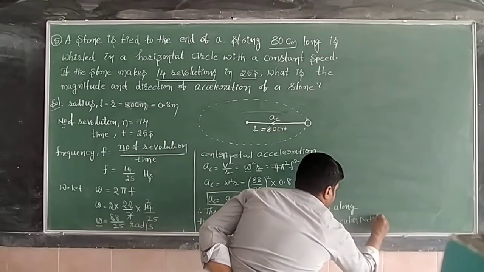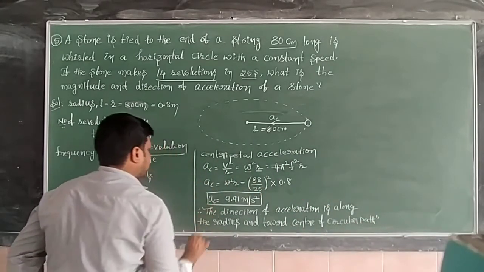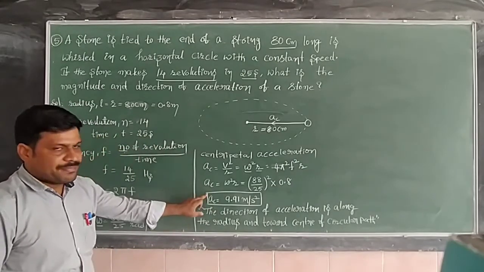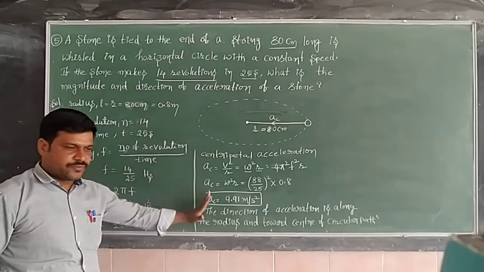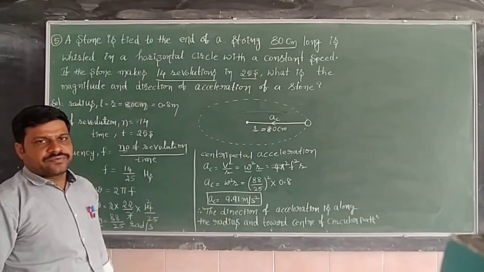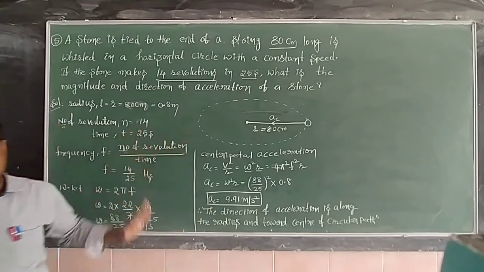Now this is the direction. So magnitude and direction both we have to find out. Magnitude means value, we got here. Direction also we have mentioned here. So make a note.